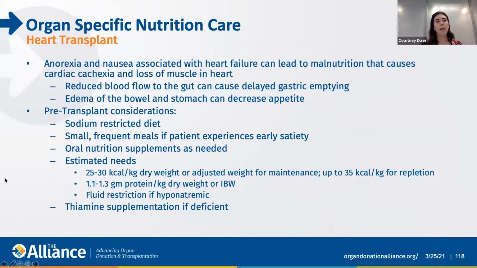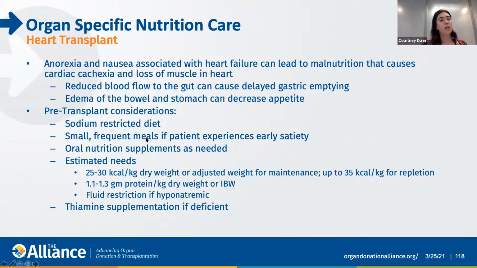So for heart transplant, patients experience malnutrition, likely related to anorexia and nausea that's associated with their heart failure. The loss of the muscle mass in their heart can lead to reduced blood flow of their gut, which can cause delayed gastric emptying, and also edema of the bowel and stomach can lead to decreased appetite.